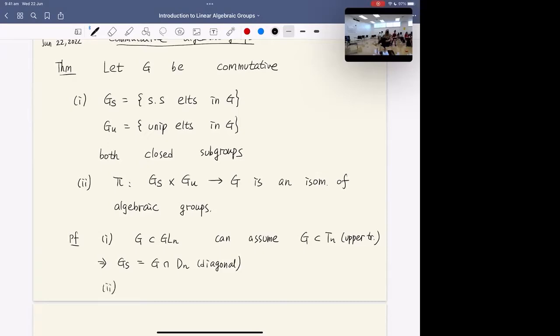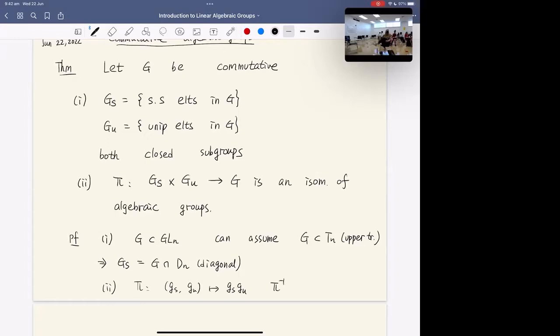Okay, so then for the second part, first of all, you see that this is an isomorphism of abstract groups, right? Because of the Jordan decomposition again, and G is commutative. So this is a group homomorphism. So pi is just, if you have (G_S, G_U), it maps to G_S times G_U.